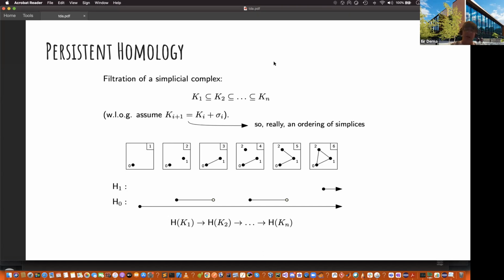So the lifespan of vertex 1 is from the moment when it appears, which is the picture 2, till the moment when it disappears by becoming a member of the edge 0, 1. So that's the lifespan of the vertex 1. It indicates a short living feature in dimension 0.